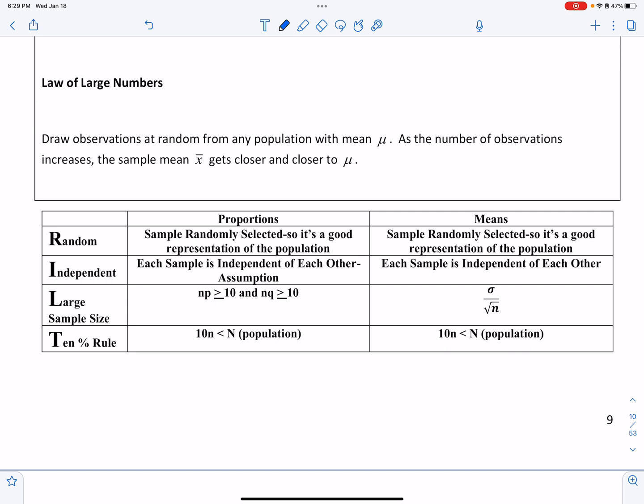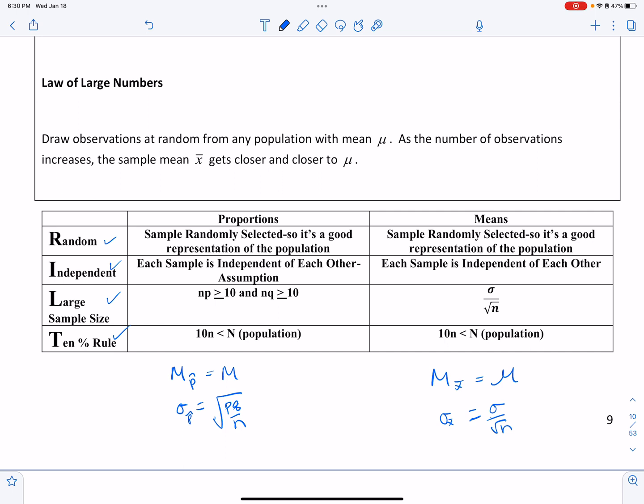For proportions, I want to be able to use the mean of P hat as the mean of the population, and the standard deviation as square root of PQ over N. For means, I want to be able to use the mean of the population as the mean of my sample, and for the standard deviation, sigma over square root of N. In order for me to do that, I have to have the RILT conditions met.